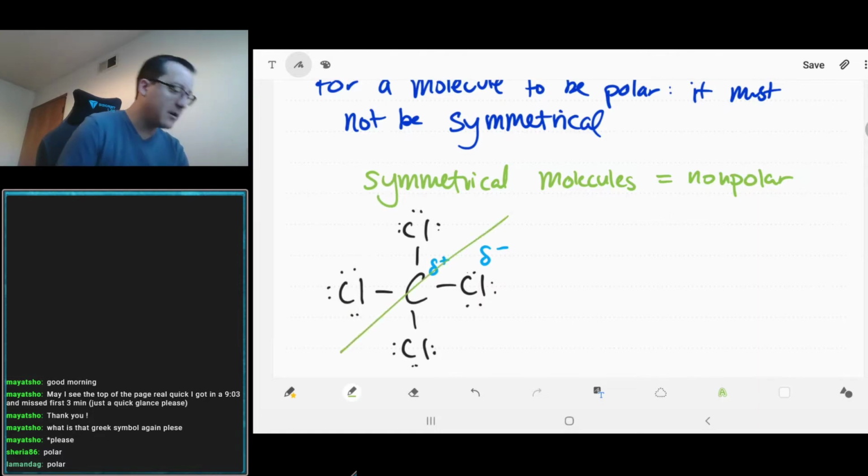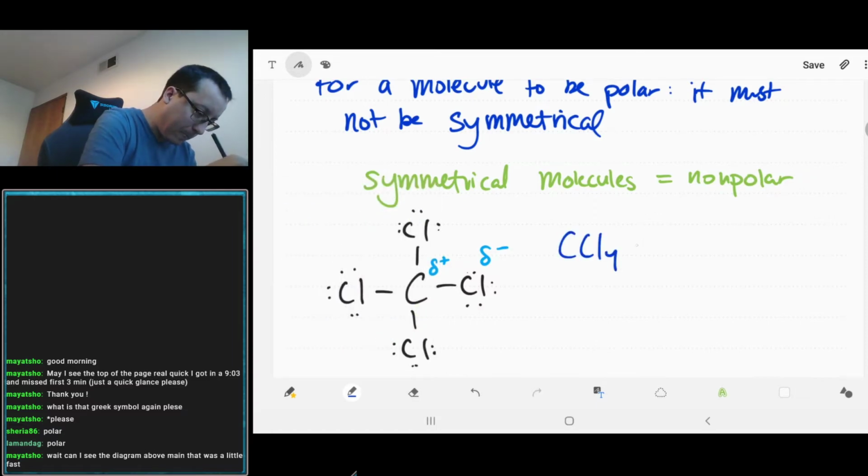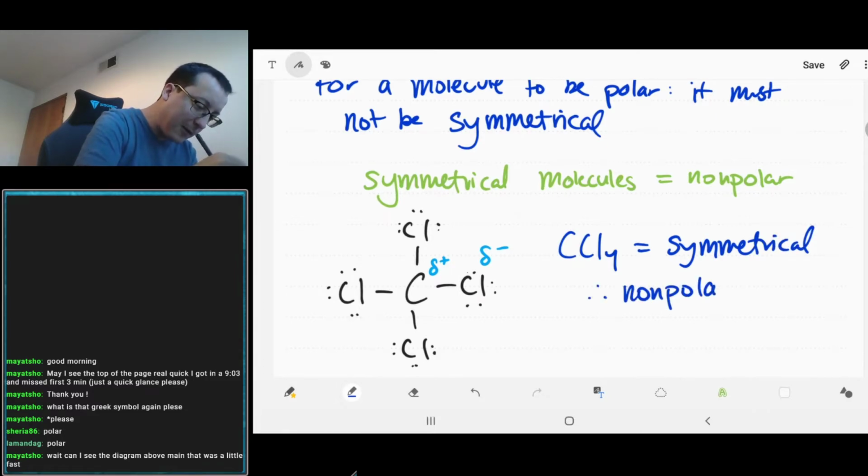Let's draw a line through it. Do we have the same thing on both sides of that line? We do. And so this means that because it's symmetrical, and therefore it is going to be nonpolar.